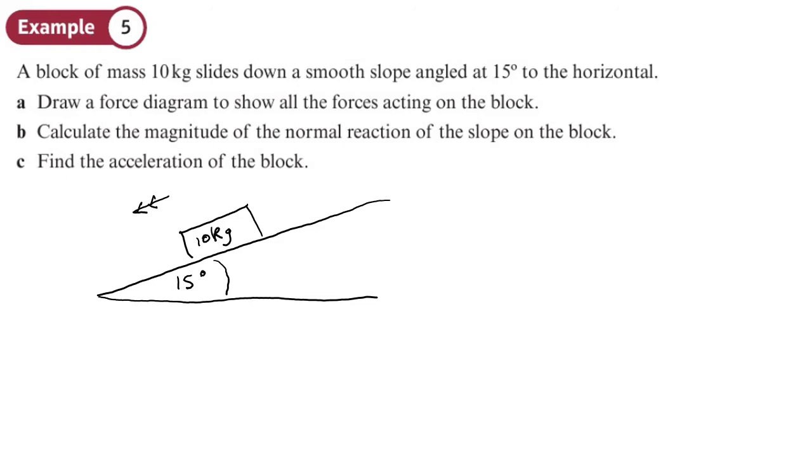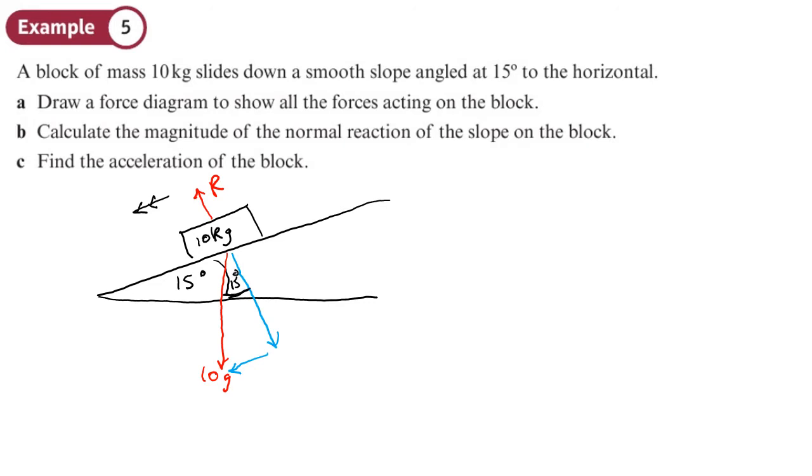Right, what do we have? Well, we have a normal reaction here. We have going straight down 10g. We need to split that force up into its two components, one parallel to the plane, one perpendicular to the plane. This angle up here is also 15.